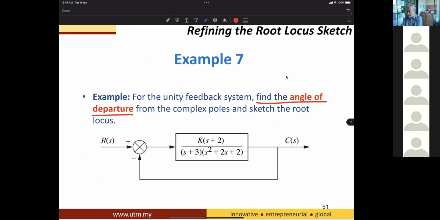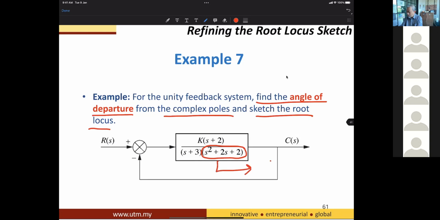For example, for the unity feedback system shown here, find the angle of departure from the complex poles and sketch the root locus. So these are the complex conjugate poles, s squared plus 2s plus 2.